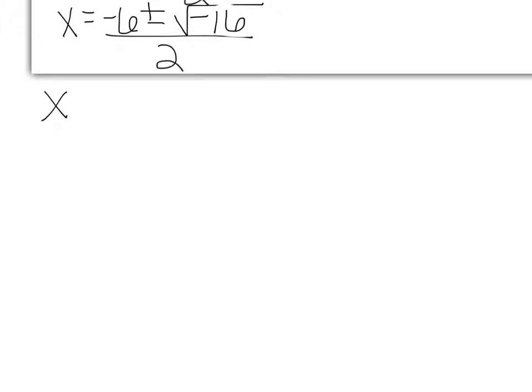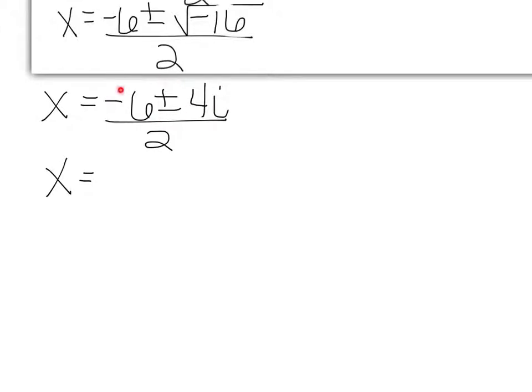All right, so we know that the square root of negative 16 is actually 4i, because the square root of negative 1 is i, and the square root of 16 is 4. So we can go ahead and change the square root of negative 16 to 4i. And now I've got x equals negative 6 plus or minus 4i over 2. In order to be able to cancel or reduce, you need to factor something out of the numerator. You can't reduce if you don't factor.